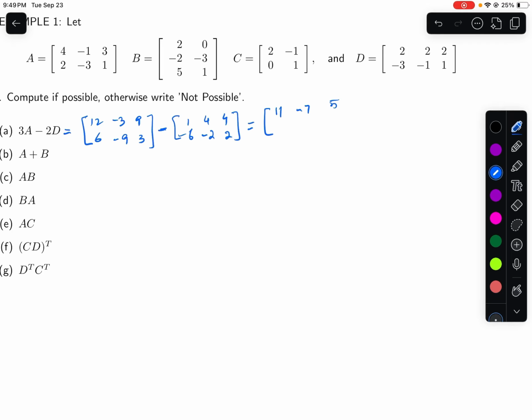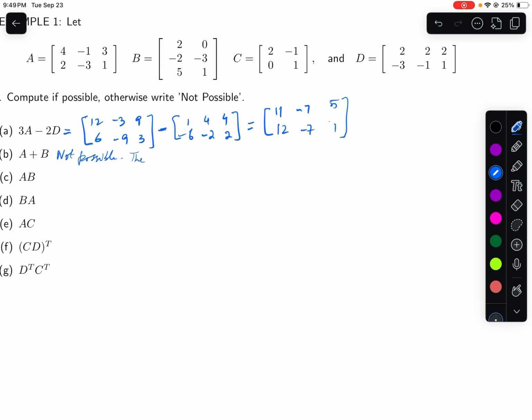So you read it as 12 minus 4, -3 minus 4, 9 minus 4, then second row 6 minus -6, so it becomes 6 plus 6, -9 minus 2, then 3 minus 2, so we get 1. That is how you should show the work of this.